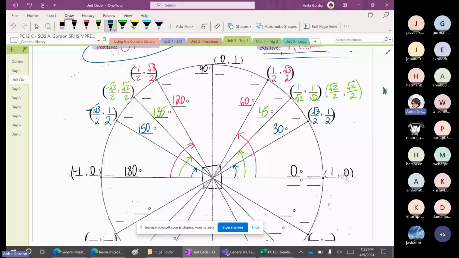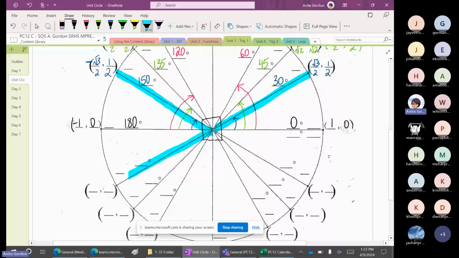Here is 30 degrees, here is reference 30 degrees, and I can keep going underneath as well. Here is my reference 30 degrees, and here is my reference 30 degrees. So I'm going to use those same coordinates in all the other quadrants, but now different things are positive and negative.